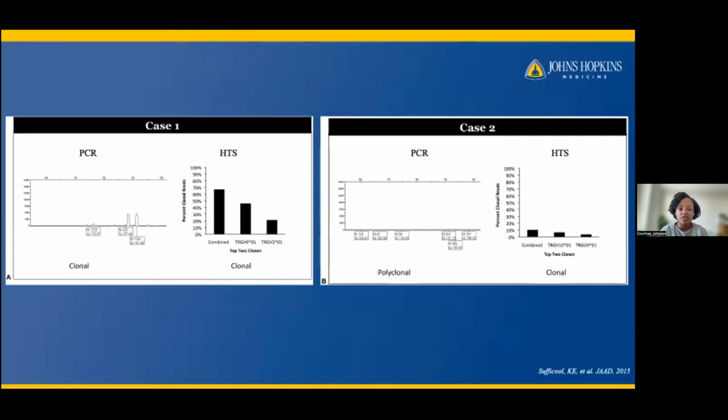However, if you look at case two, there's not enough clonality or enough population of those cells in order to show a detected band. However, if you quantify it with high throughput sequencing, you can quantify that much more accurately, and therefore you can see that there is some clonality. So overall, again, clonality can't be used alone. You still have to use it in the context of clinical and pathological findings in order to really diagnose this disease.